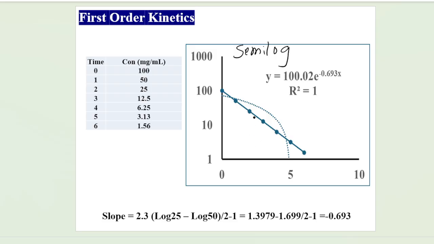If you plot it, your curve is straight, r value is equal to 1, and the equation is that the concentration at time t is equal to the intercept, almost 100, times e to the power minus kt. Here t is the time at which you want to measure the concentration, and k is equal to 0.693 divided by t half.